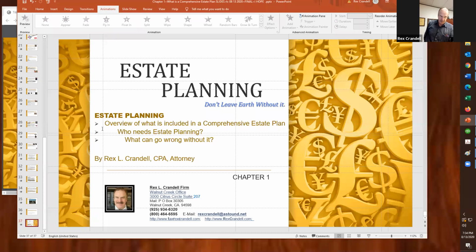So if we had separate property from one spouse, it was already in their name as separate property. It would say from Susie Jones as her separate property grants it to the XYZ trust. So it stays the same. And it just doesn't change from that situation.